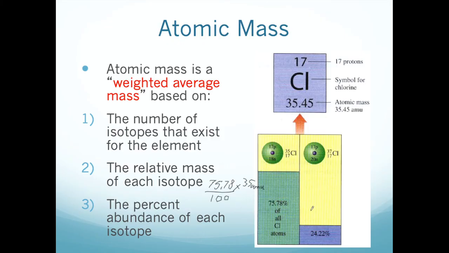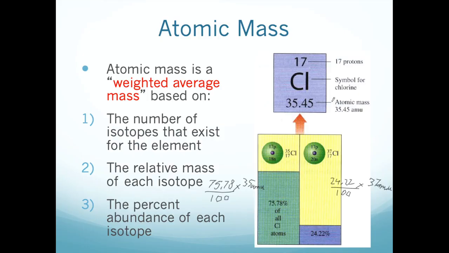We would then do the same thing for our chlorine-37: 24.22 over 100 times 37 atomic mass units. Then we'd add those two numbers up, and we would get 35.45, roughly speaking.